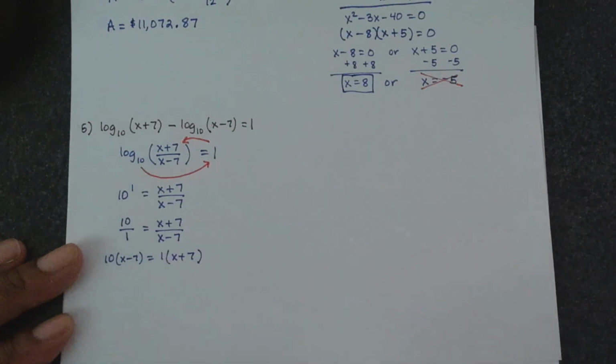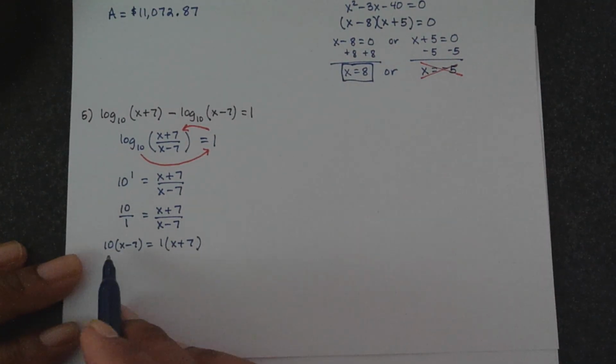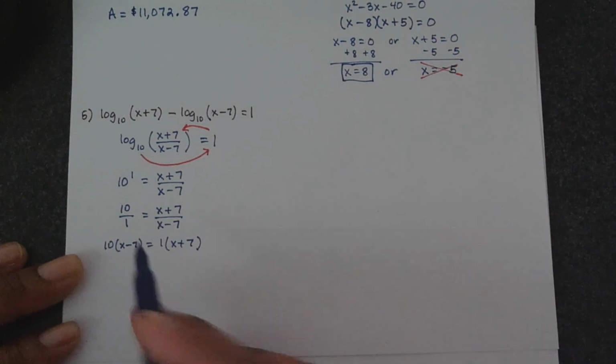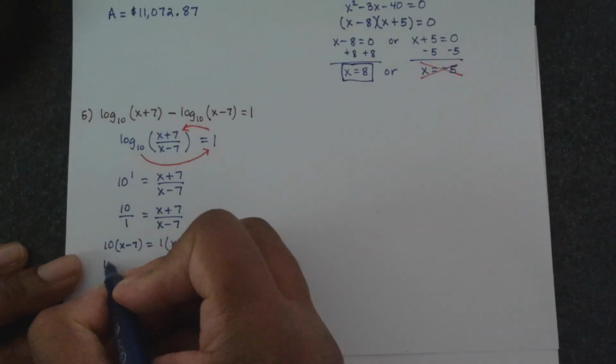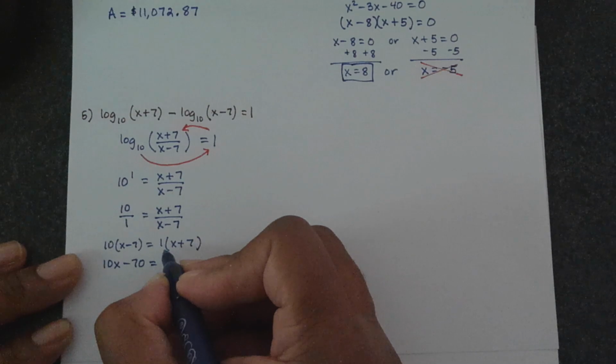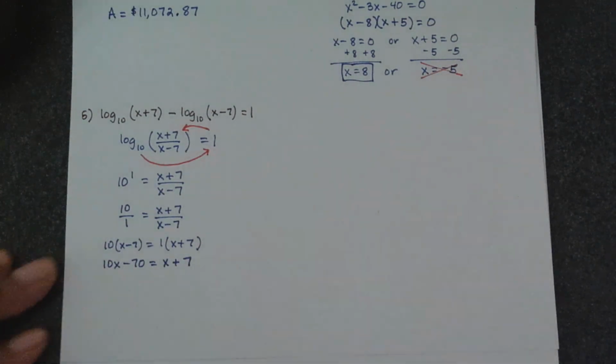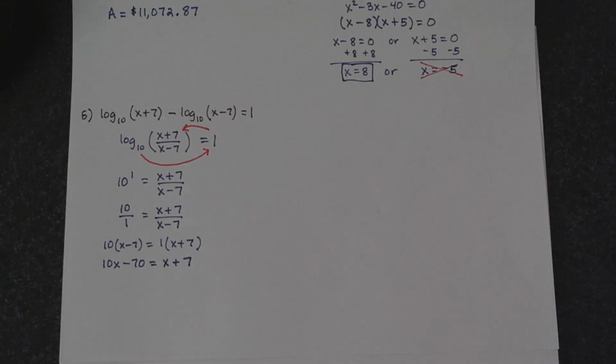Probably easier to do it that way. Now, distribute the 10 over the x minus 7, which will be 10x minus 70. And distribute the 1 over the x plus 7, that's simply going to be x plus 7. So I've got 10x minus 70 is equal to x plus 7.